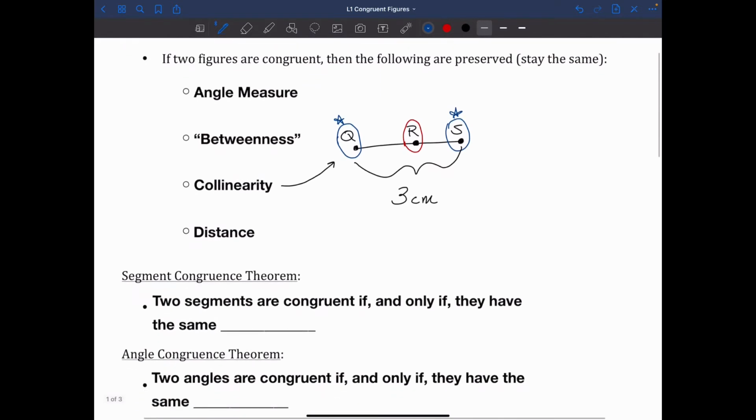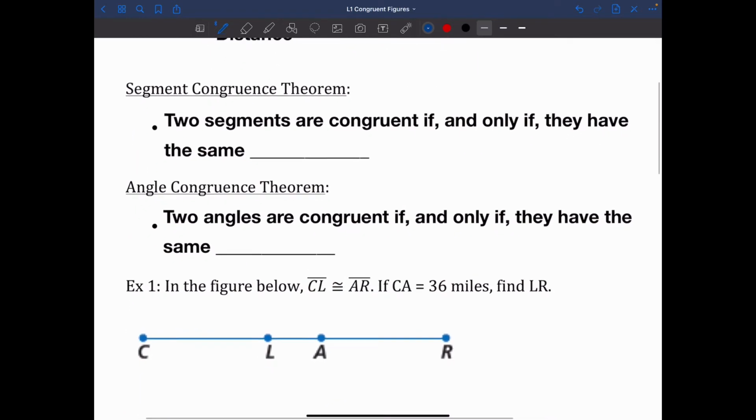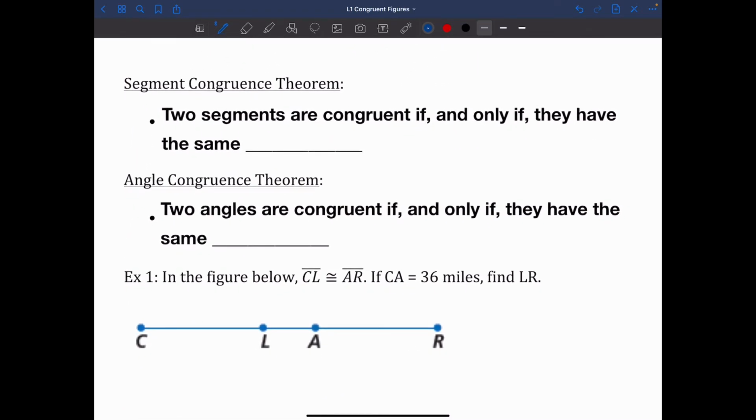We have a couple of theorems that state that a little bit more clearly, and it's kind of saying it backwards. We're saying that 2 segments are congruent if and only if they have the same measure. It wouldn't make sense to say that this segment and this segment are the same thing unless they are measured the same.